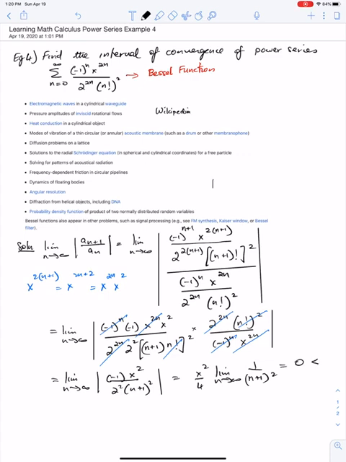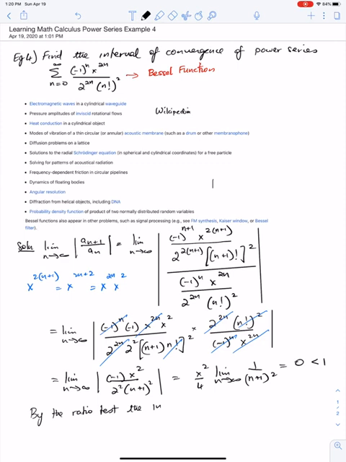And 0 is less than 1, so by the ratio test, the interval of convergence is, and notice that when x squared came out of the absolute value, it stayed x squared, it was an absolute value of x.